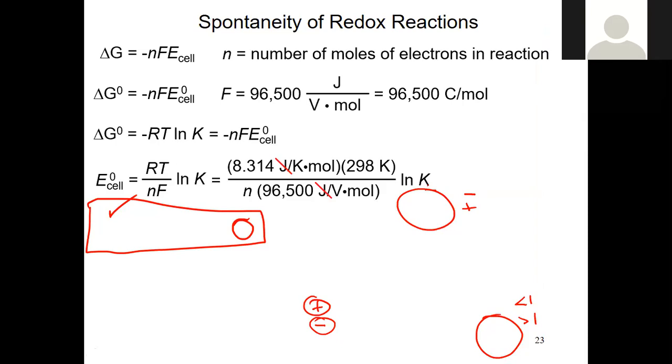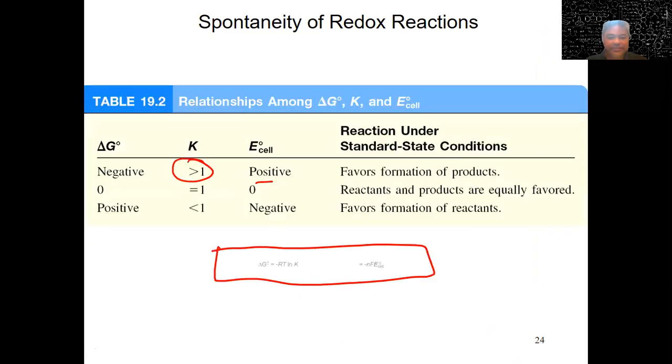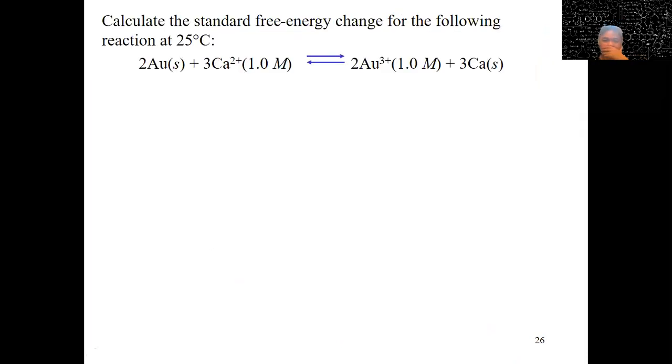So let's try another one so you'll understand better. So you are going to calculate the free energy here. That's your delta G. But before you calculate delta G, you have to calculate for the cell.